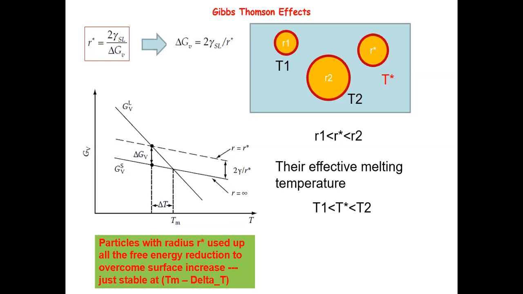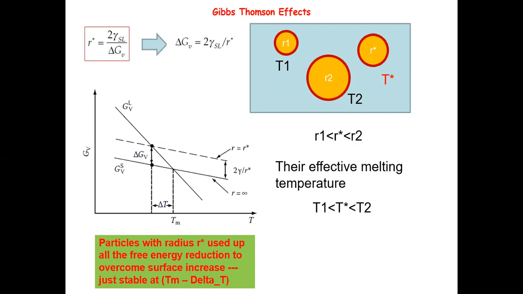You can look at the system a different way, right? If you look at the geometry, we know that if you have the system with T star, from this T star you can easily compute a supercooling delta T, and from this, the critical radius R star. Any nucleus with radius larger than this is going to be stable, and any nucleus with R smaller than this is going to be unstable and melt, right?